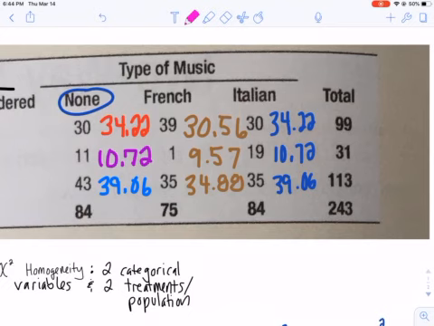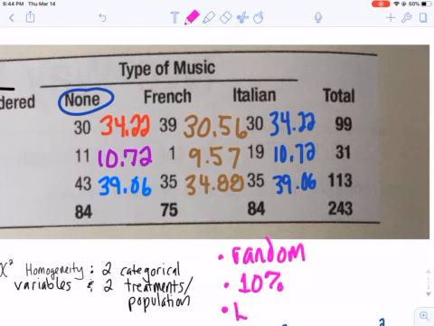Now, as far as our conditions go, typical for proportions, you want random, 10% condition, and large counts. Now, as far as 10%, here's the thing. If you're doing an experiment, you have a little bit of flexibility here.